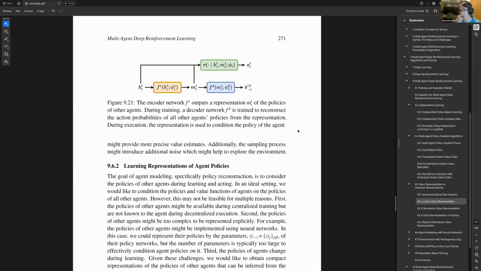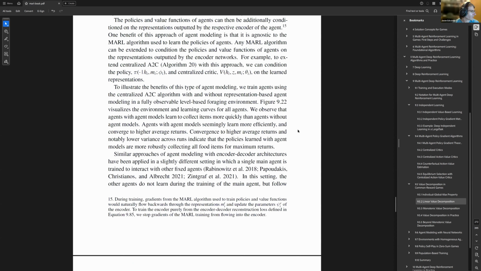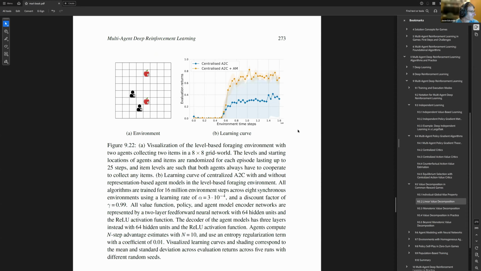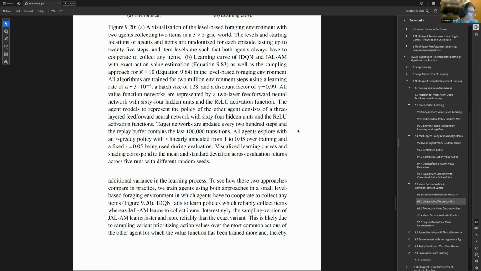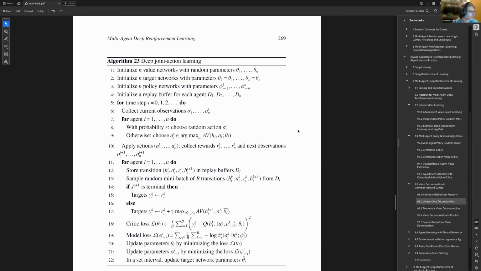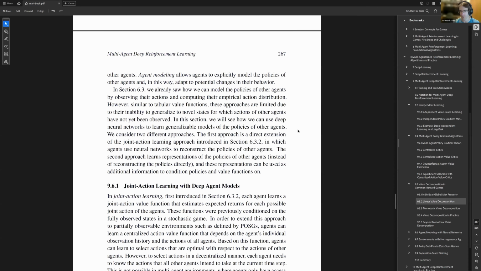Also, it's important to learn joint action values to do anything more complicated with equilibrium solutions, which is also what we need to solve any general sum game. So I believe that we're going to have to go into that anyway. We'll try to cover as much of 9.6 as we can get through, but possibly the whole thing.